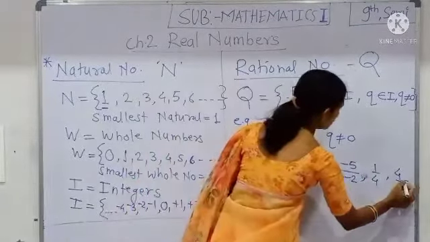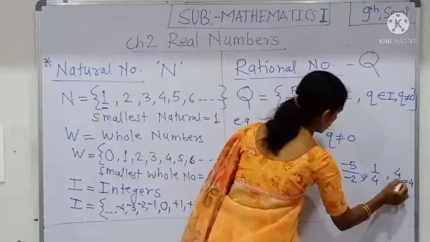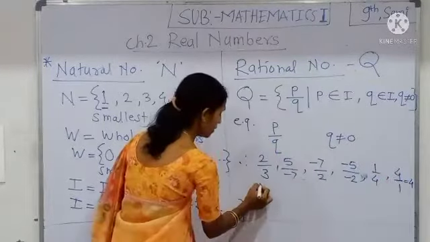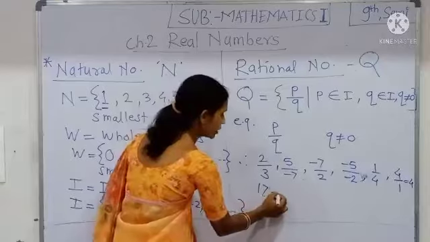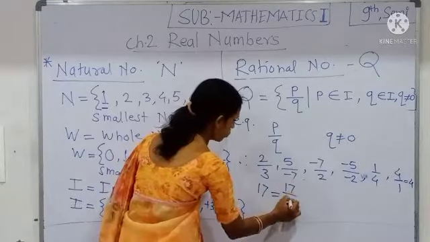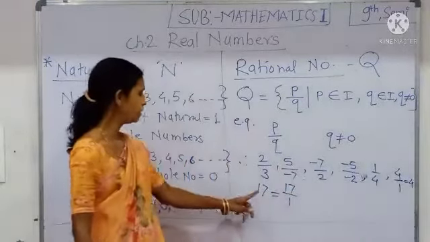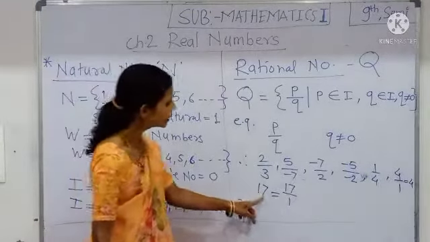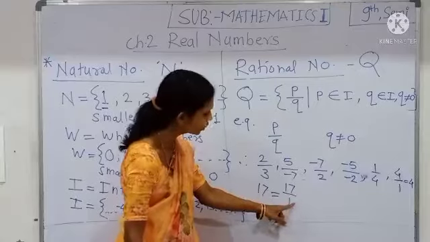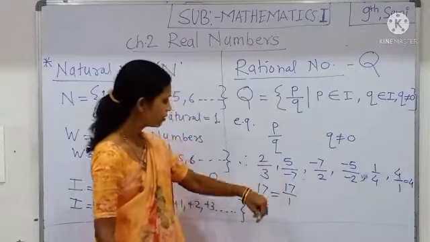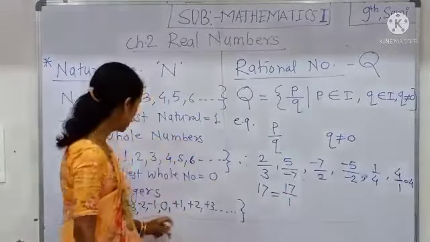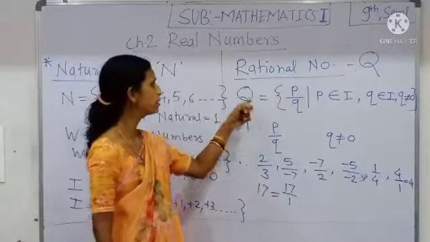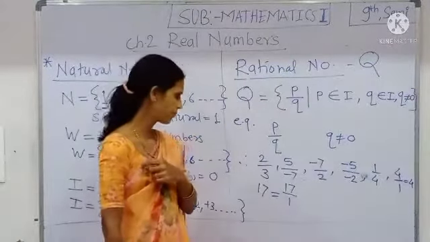Here 17 is an integer, but it can be written in the form of p upon q, that is 17 upon 1. Therefore 17 is an integer as well as a rational number.